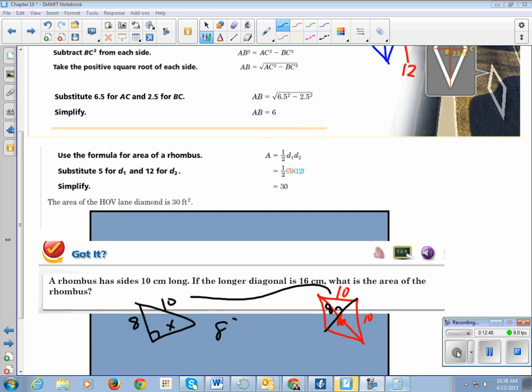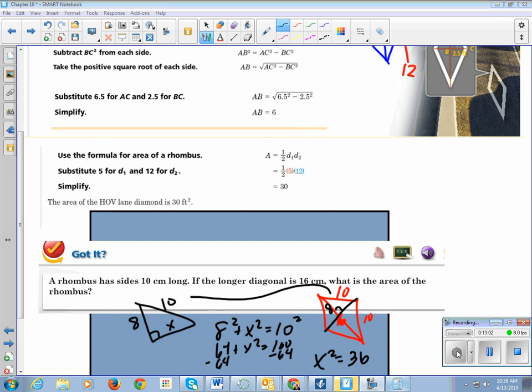We get 8 squared plus x squared equals 10 squared. And we subtract 64 from both sides. We get x squared is equal to 36.